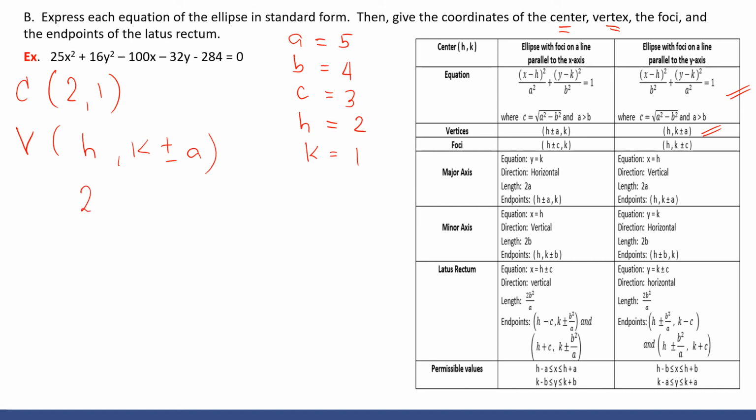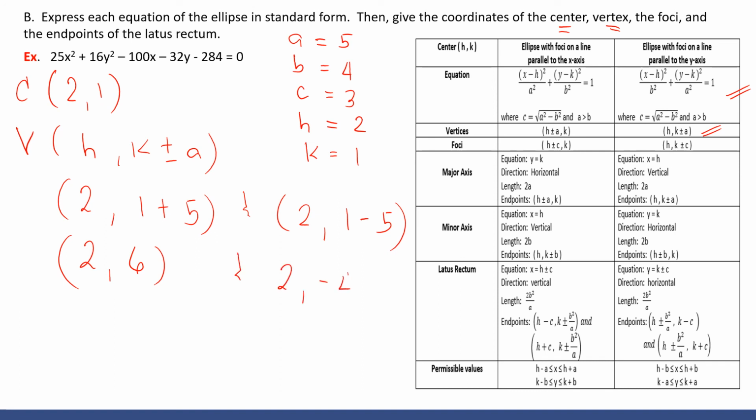H is 2, and then K, what is K? 1, plus A, that is 5. Meaning, we have 2, 6. While the other is what? 2, and then 1 minus 5, and that is what? 2, negative 4. So the coordinates of our vertices then are 2, 6, and 2, negative 4. So these are the coordinates of our vertices.